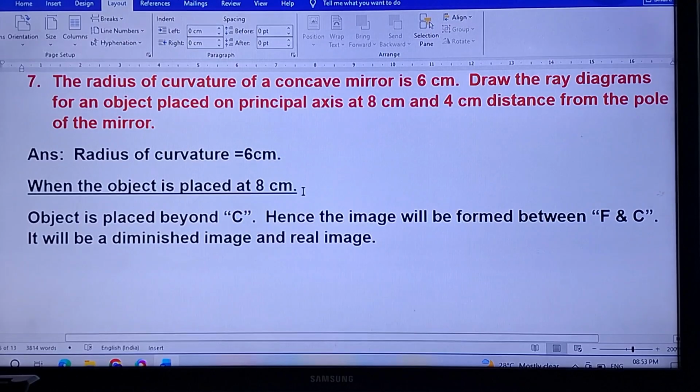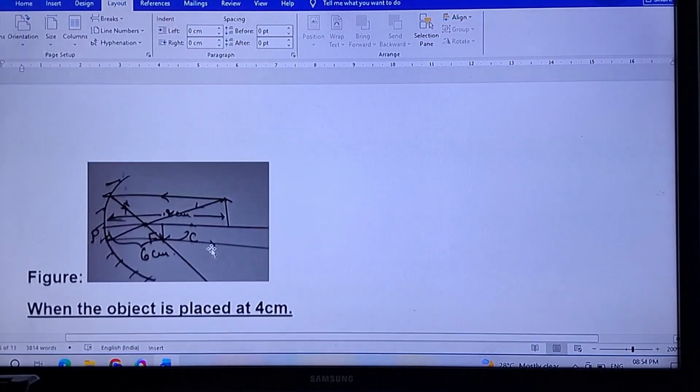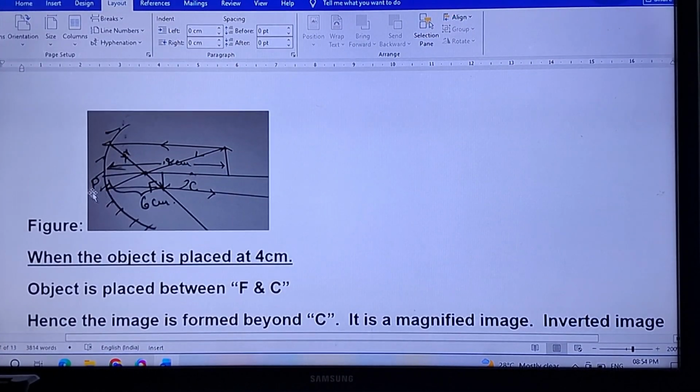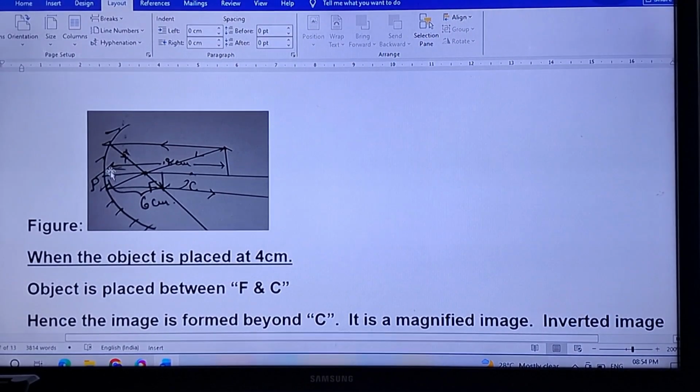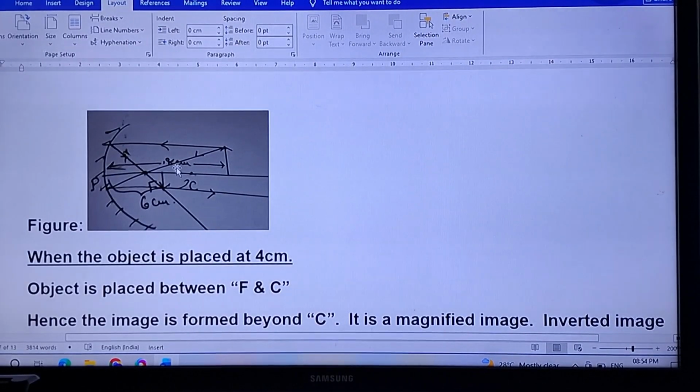When the object is placed at 8, that is away from 6, the object is beyond C. So the image will be formed between F and C, and it will be a diminished and real image. See, the figure is here. This is the mirror and this is the principal axis, and the object is 8 centimeters from here to here.